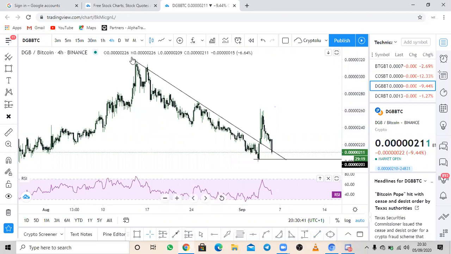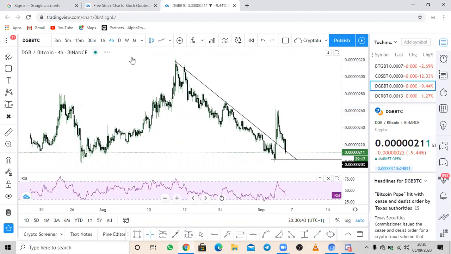And when you look at when you bring your trend line to this side, you see that there is a support level around there.